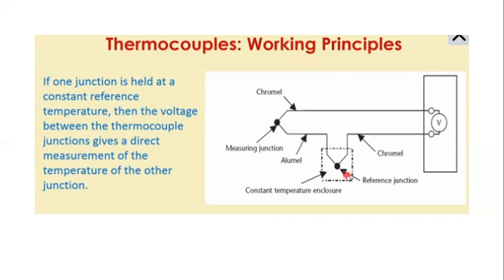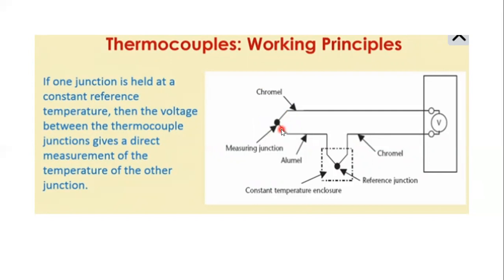That means we know the temperature of this reference junction, or we keep it at zero temperature or a particular temperature or atmospheric temperature. Okay, so that is a known temperature, that is the reference junction. And the other junction, we put on the measuring medium, that is the measuring junction.